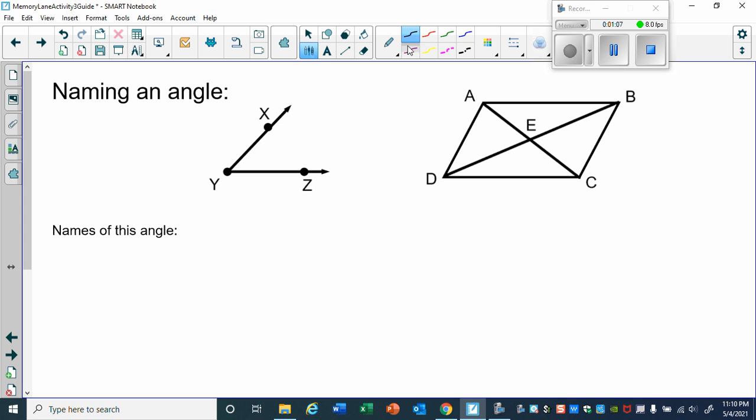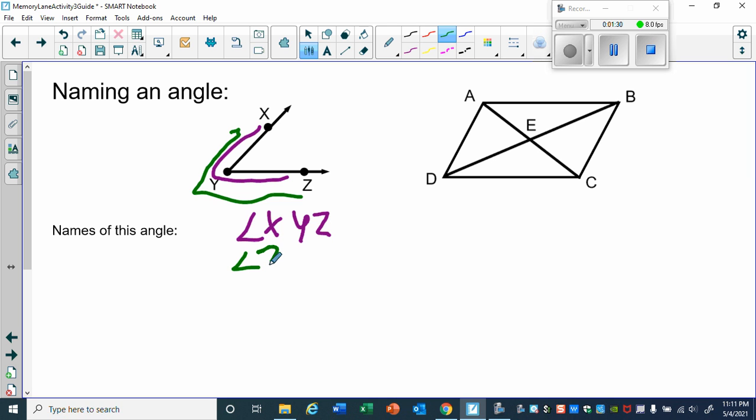You can name this angle as angle XYZ, because you start at the X, go down to Y, and then you make the turn at Y, go to Z. You could also name it ZYX. Again, start at Z, Z goes to Y, and then Y goes to X.